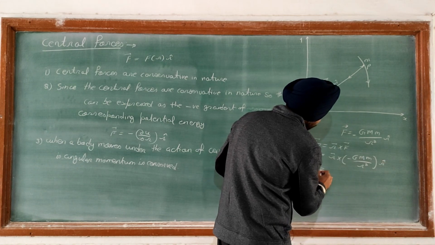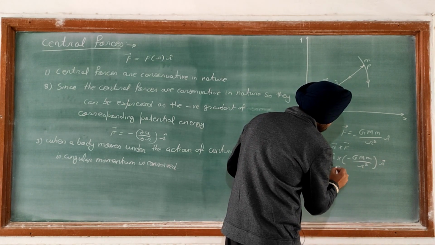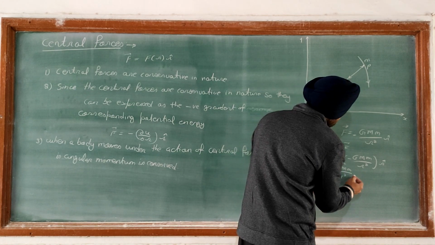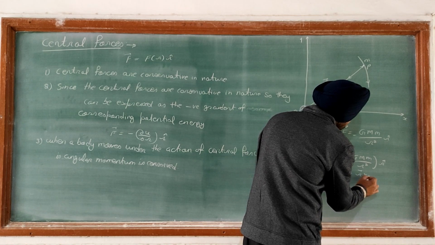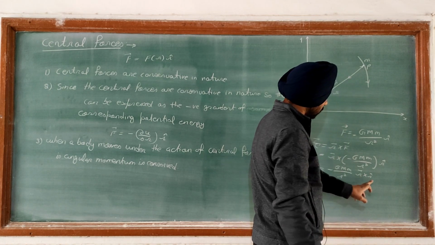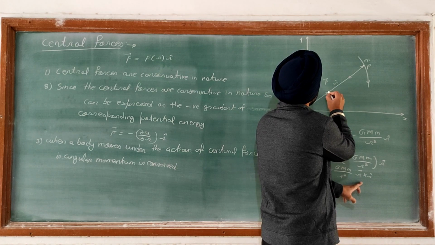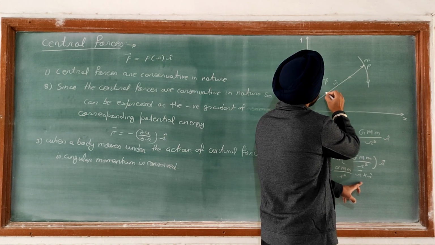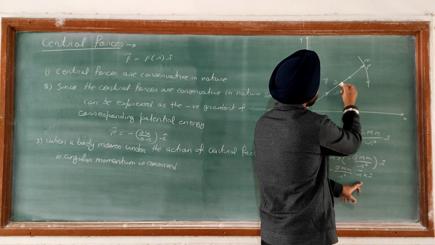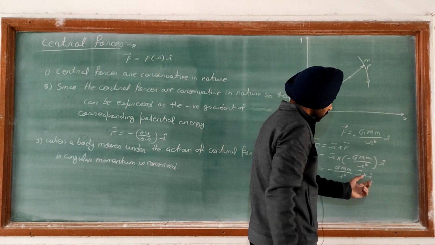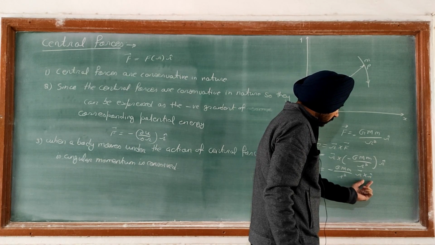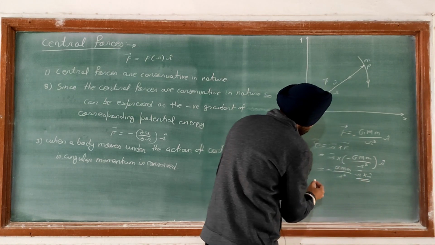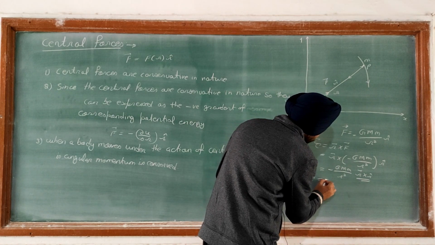The term minus GMm upon r square is a constant scalar quantity, not a vector. Now vector r cross r cap: vector r and r cap are along the same direction, in the increasing direction of r, so they are parallel. So r cross r cap is 0, which means tau equals 0.